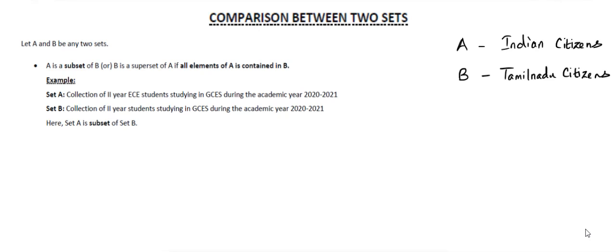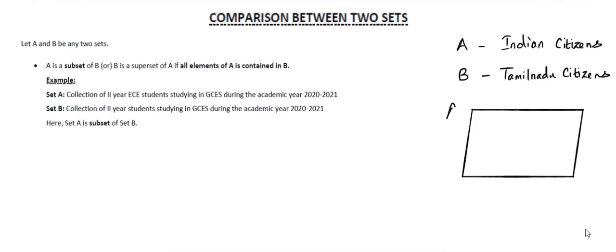You have to interpret these two sets as a diagram. That is what we are interested in now. What will be the diagrammatic representation you will be giving? For example, this is the diagrammatic representation for set A. Here I am filling in all the Indian citizens.